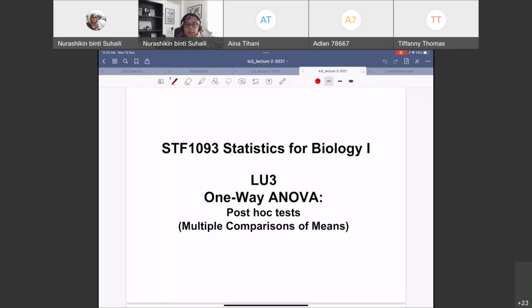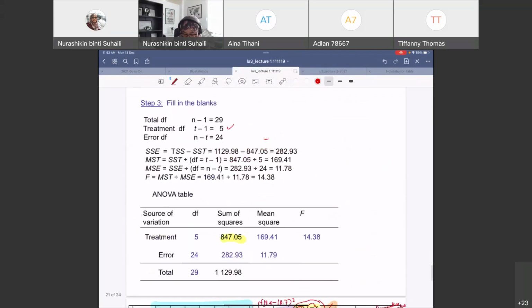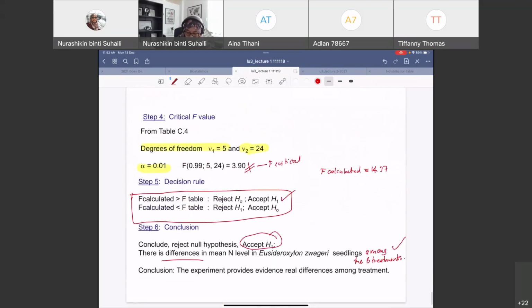Okay, so ANOVA is not yet finished until the last point that we discussed just now, the conclusion. If you see back just now here, the conclusion: there is a difference in the mean and level among the 6 treatments.